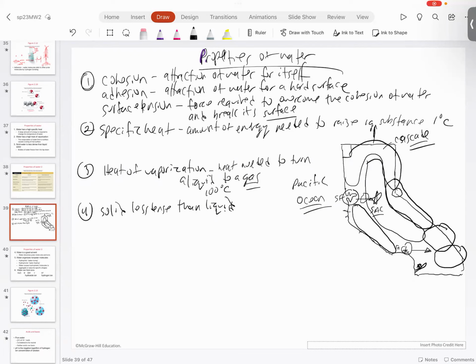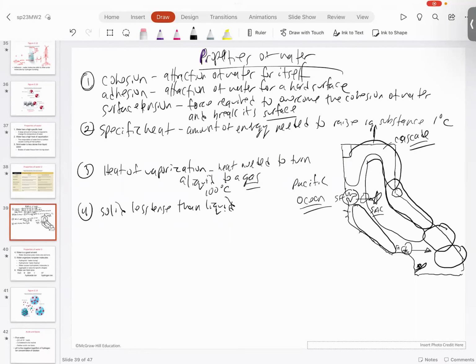So evaporating is a bad day, right? That's not a good thing if you're an organism. You don't want to evaporate. So what does the heat of vaporization of water give us? It gives us a broad range to be able to be functional and to have a water-based chemical system, an aqueous system that is able to maintain chemical reactions that we need to live.